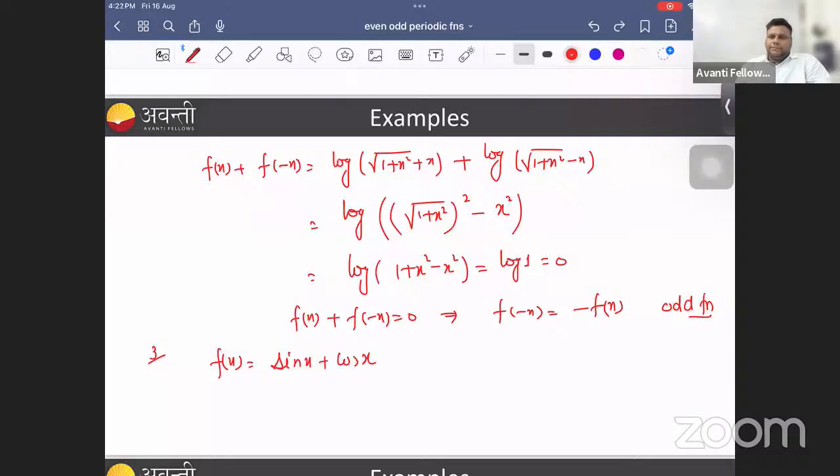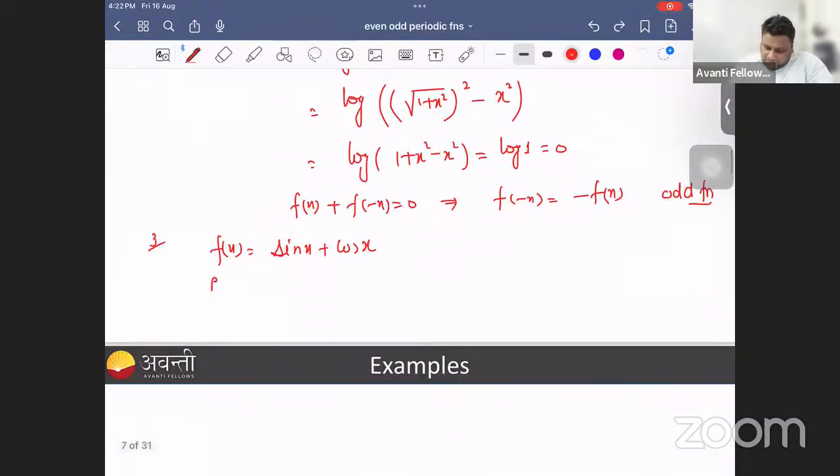Anybody else? Odd? I don't understand which method you guys are applying, that you are getting it as even or odd.